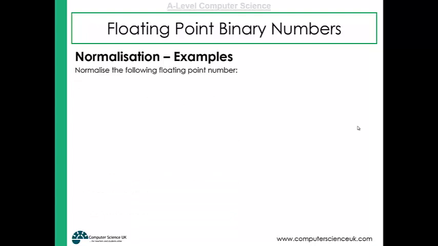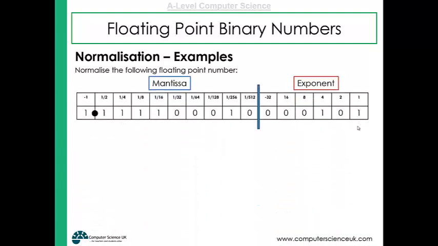And if we look at another example of normalization, but with a negative mantissa, you can see here that the leftmost sign bit is 1, so it's definitely negative. The most significant bit, therefore, in the mantissa is this 0 here. So we need to move the decimal point so it is just before that most significant bit. So we move it 1, 2, 3, 4 places to the right hand side.